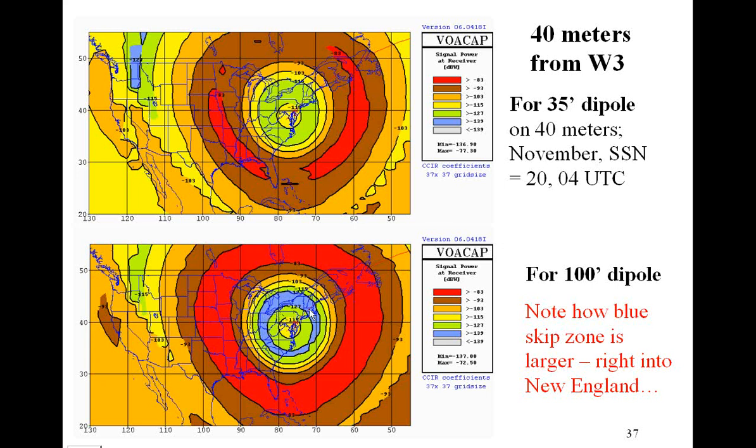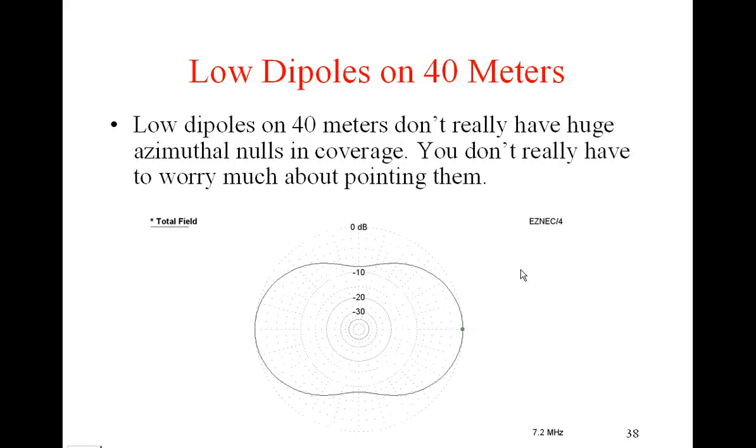So in this particular case, a 35-foot high dipole on 40 meters after sunset would beat out a 100-foot high dipole on 40 meters. That's the effectiveness of an NVIS type of antenna. And low dipoles on 40 meters. This is a 35-foot high dipole. It's got a null in the response, but it's not a deep null.